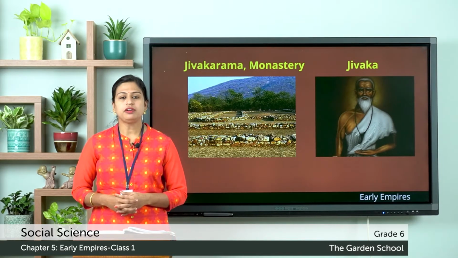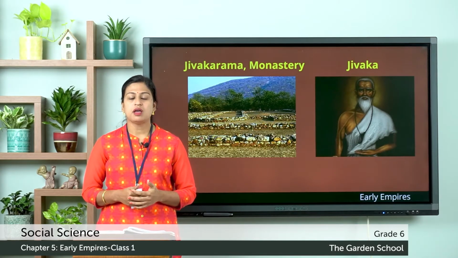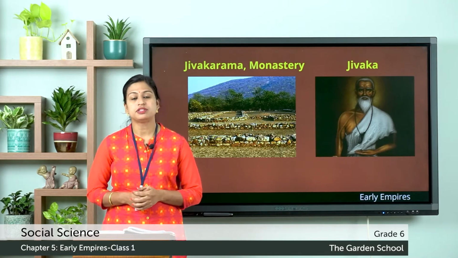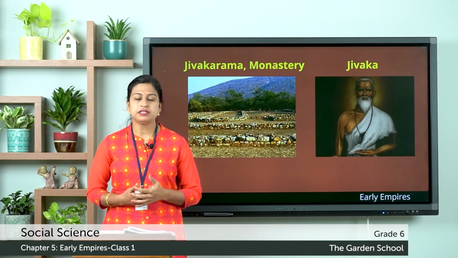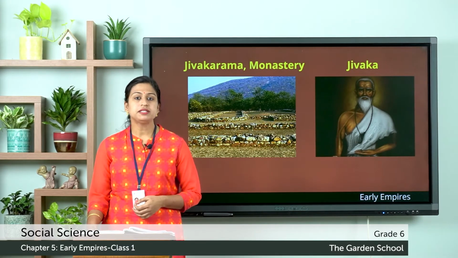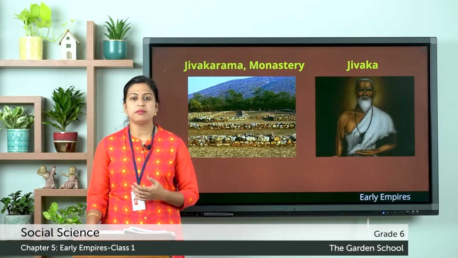We have already discussed that in the early Vedic period, the Rajans were elected as the head of the tribe, and they were elected on the basis of their ability in war. But around 600 BCE, changes took place in the manner in which the Rajans were chosen.